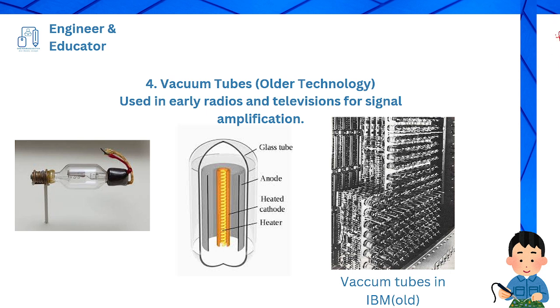Vacuum tubes were used earlier in radios and televisions, and before the invention of transistors, big vacuum tubes were used.